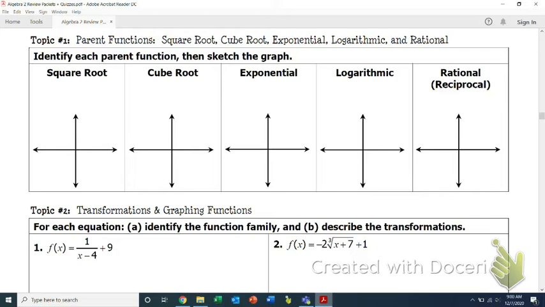What I've done is I've swapped the X and Y intercepts and just wrote them in the wrong spot. So just pay attention. You'll notice it when you've worked it anyways.